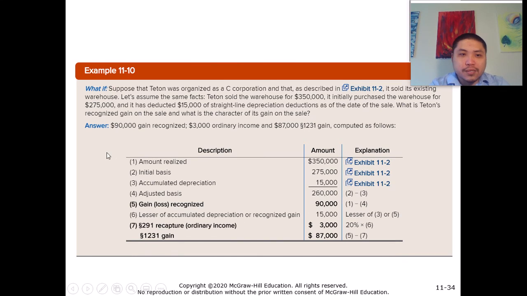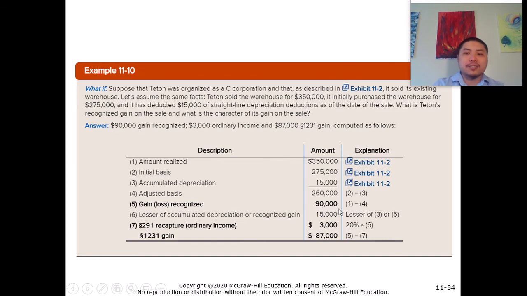So what is the gain recognized on the sale, and what is the character of the gain? We can easily calculate the adjusted basis, and then we can calculate the recognized gain. So we have an adjusted basis of $60,000, and then the gain recognized equals $90,000.